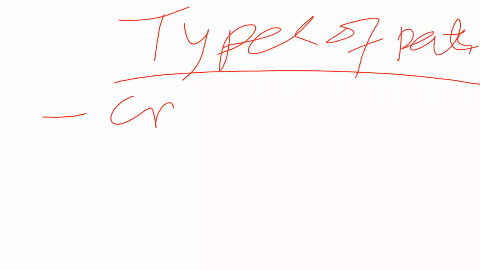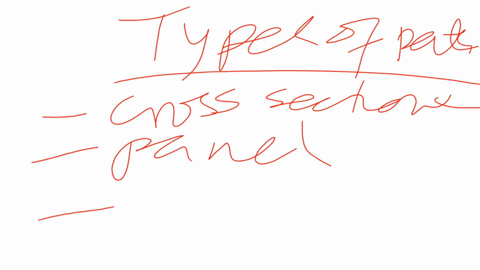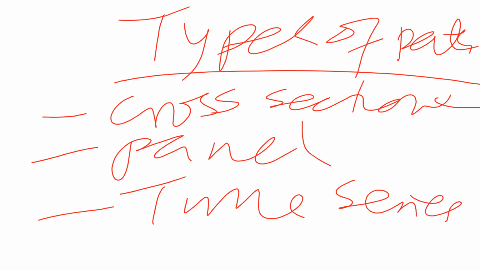We'll start with the cross-sectional data. Then from the cross-sectional data, we'll look at the panel data, all right? Then we'll look at time series data. I will explain them in detail when we zero in.